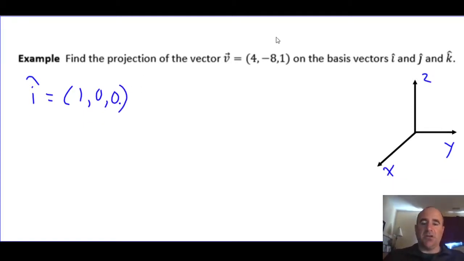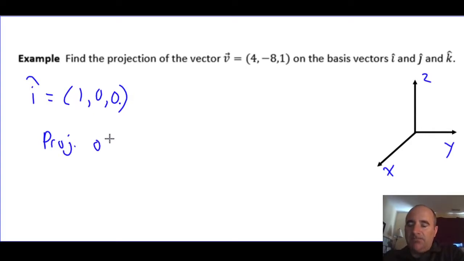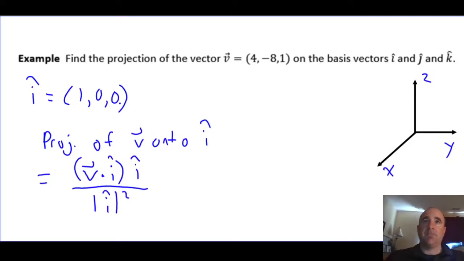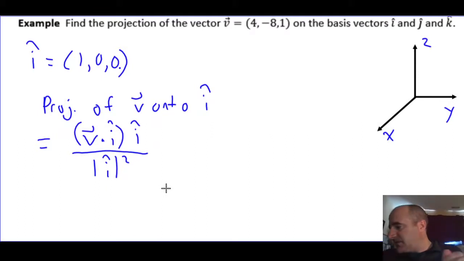So to start with, I can do the projection of v onto i. That will be v dotted with i, times vector i, divided by the magnitude of i squared, if I just use that formula. Now, there's a few things that we should notice.